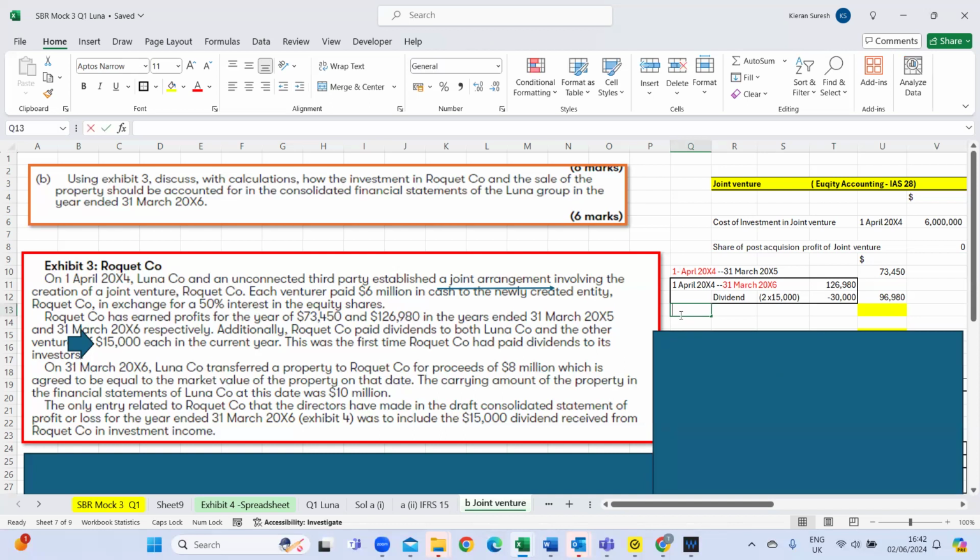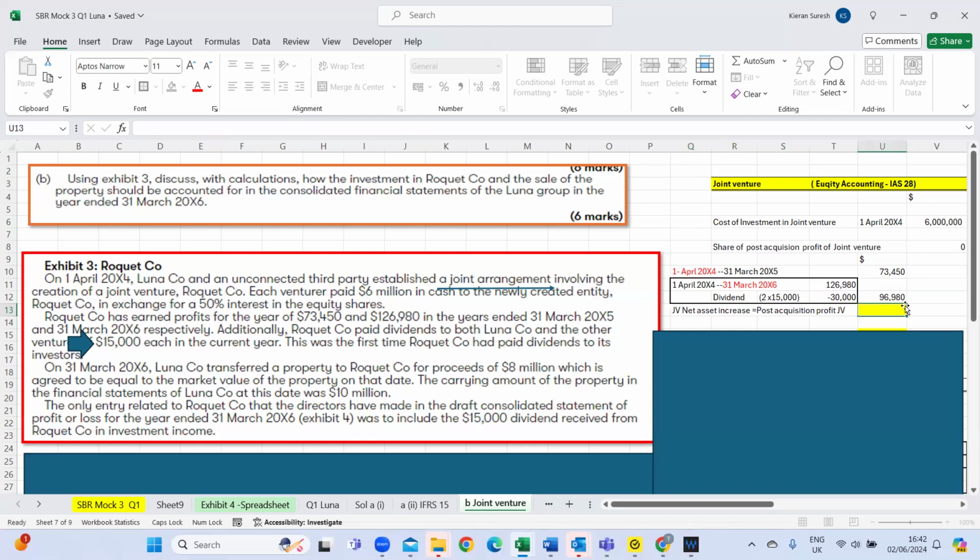This is the joint venture's net asset increase, and the increase in the net asset is what is known as the post-acquisition profit. This is what I was looking for. Post-acquisition profit of who? Of the joint venture company.